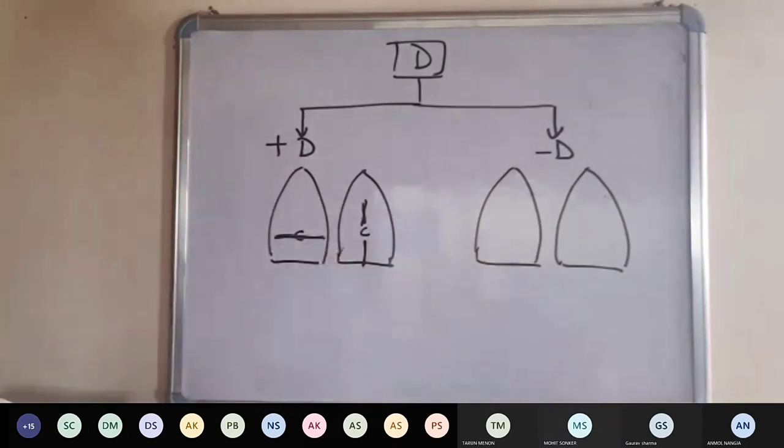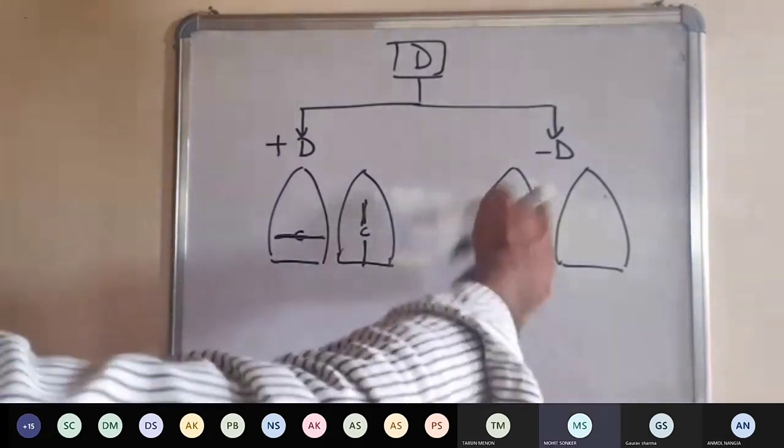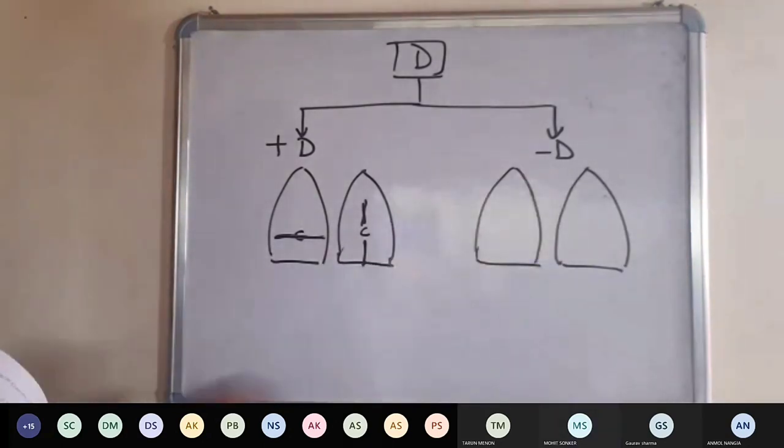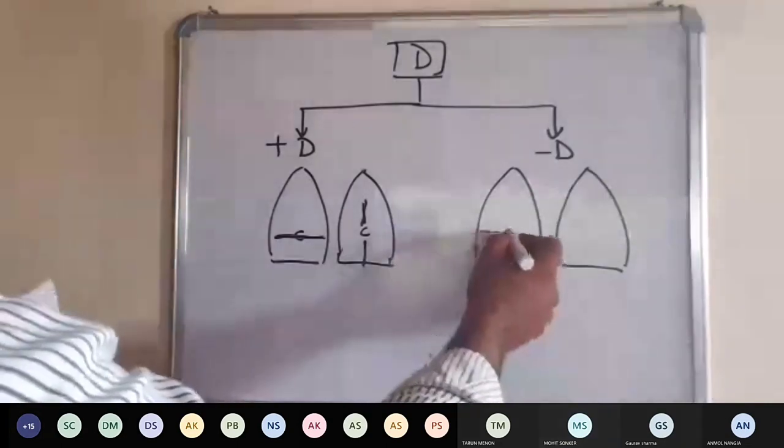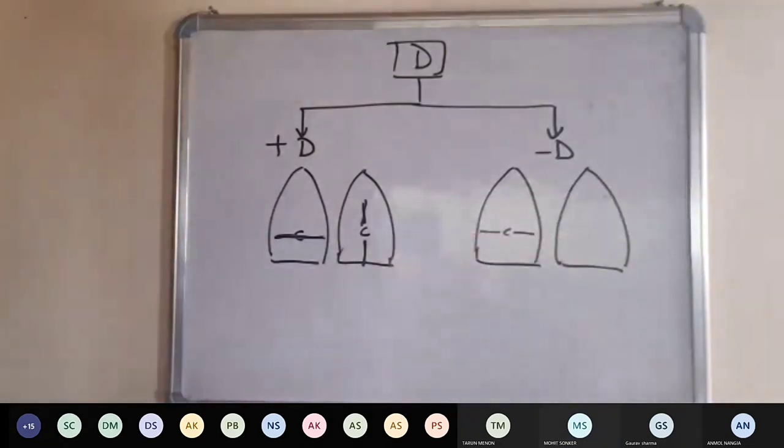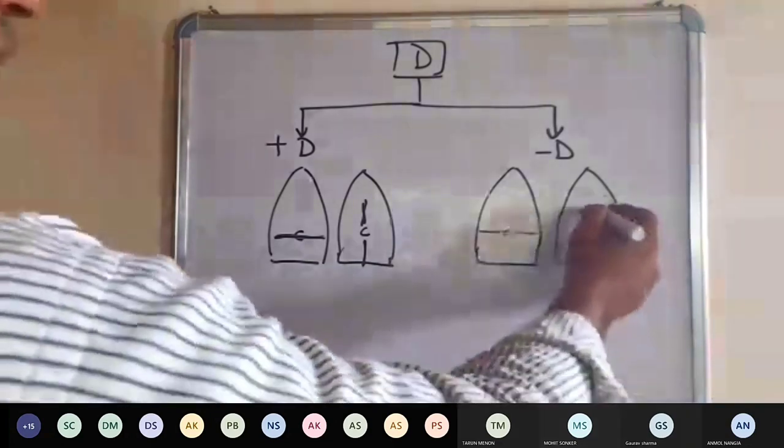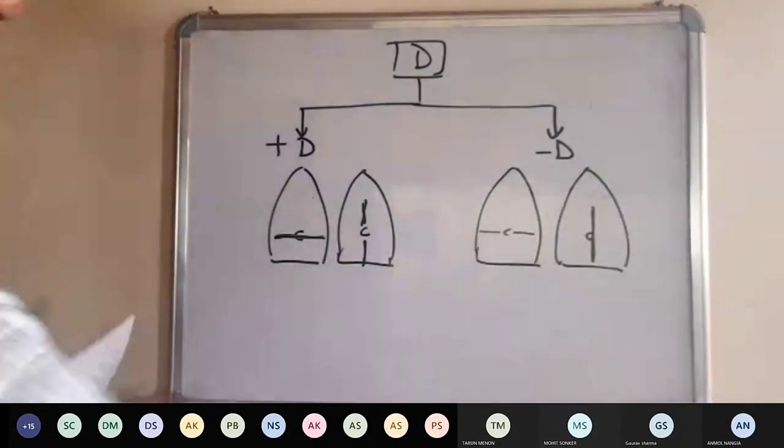This will give rise to positive D. And the other one, minus D, will be produced by two separate rods aligned like this, or one rod continuous running like this.